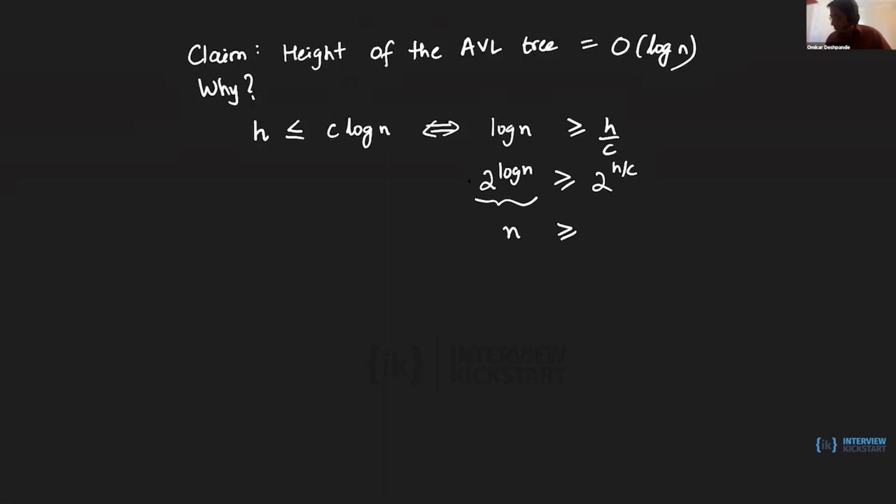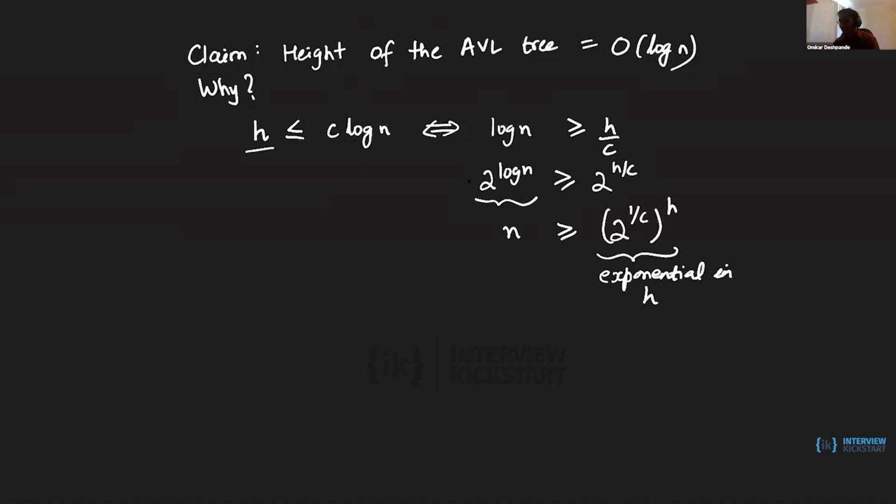So n is greater than or equal to the cth root of 2 raised to the power h. That means the number of nodes in the tree has to be exponential in the height of the tree. These are equivalent statements.